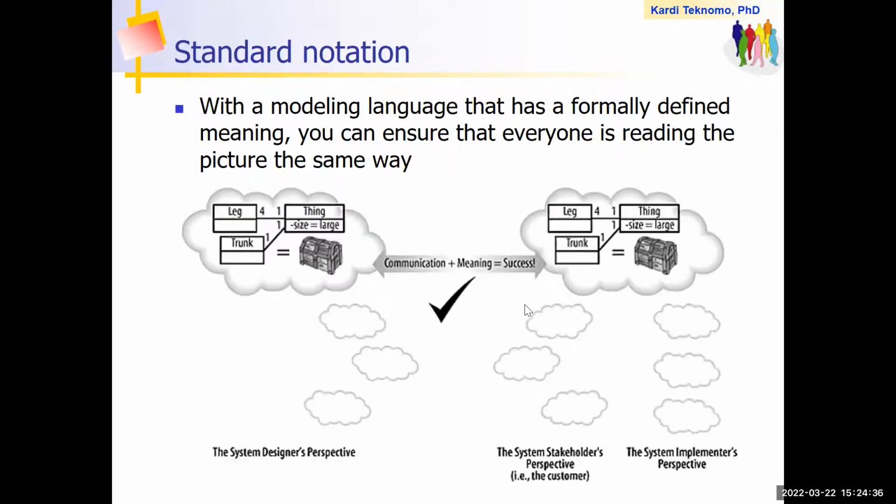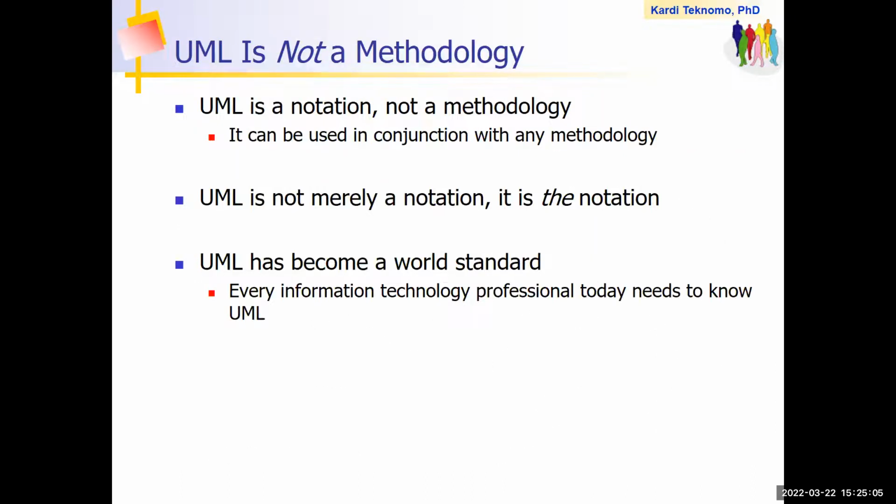With a modeling language, it's a diagram with a formally and clearly defined meaning, so we can ensure that everyone is reading the picture the same way. Then the communication is successful between the system designer and the different stakeholders. That's why we need to have a standard.